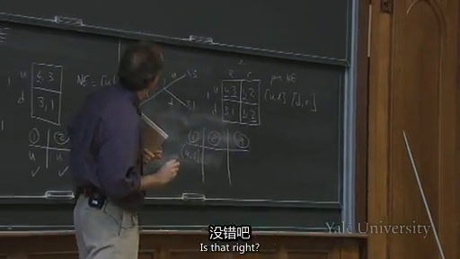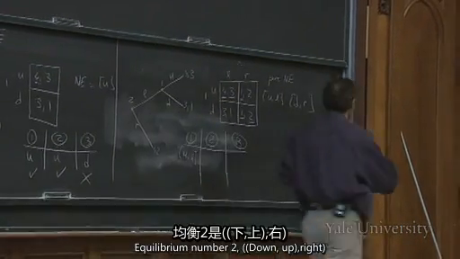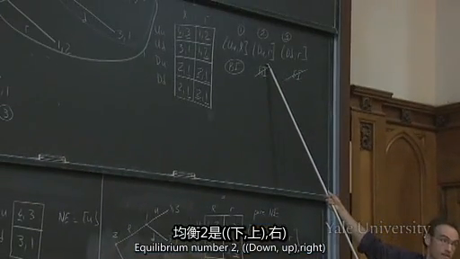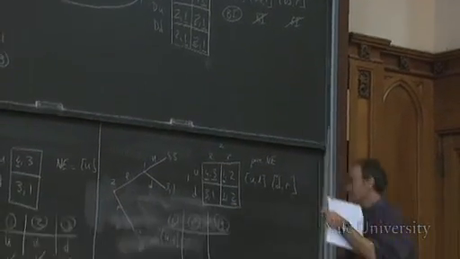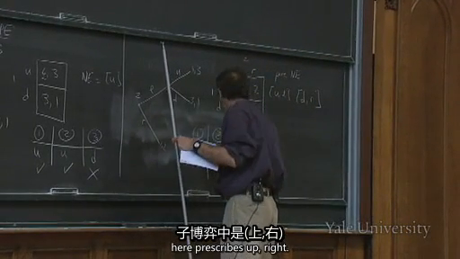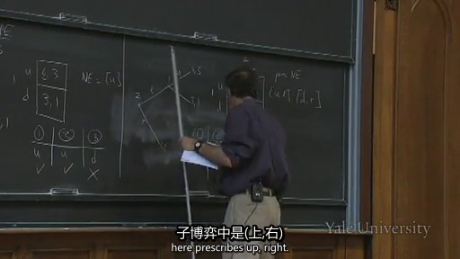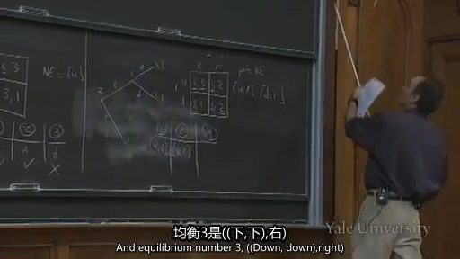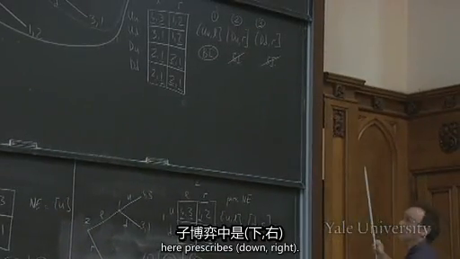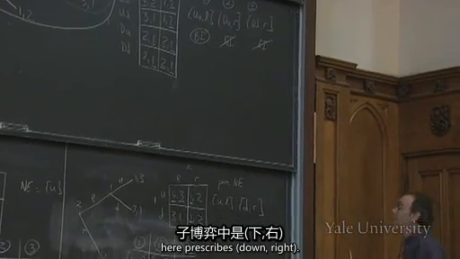Is that right? And equilibrium number 2, down, up, right, here prescribes up, right, and equilibrium number 3, down, down, right, here prescribes down, right.